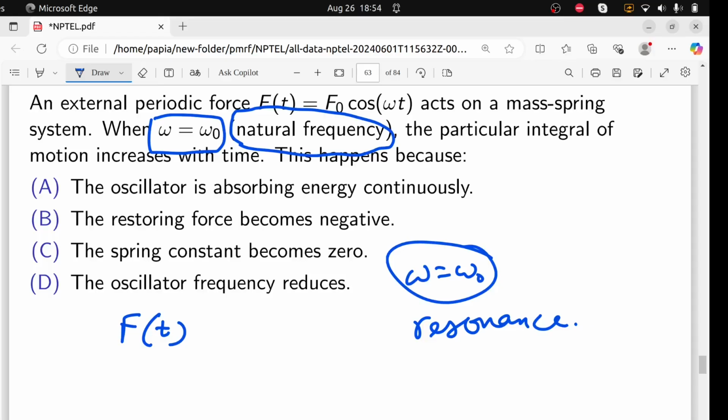To answer the question, first of all we need to check whether in a forced harmonic oscillator the particular integral of the motion really increases with time or not.